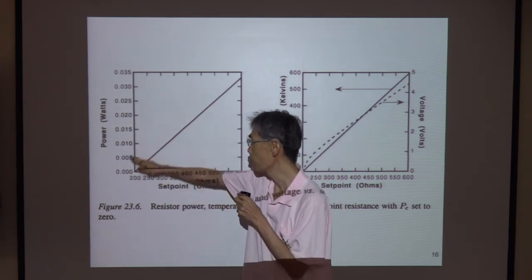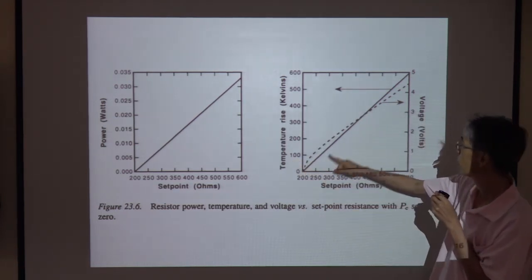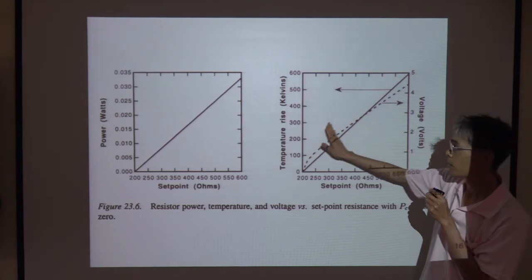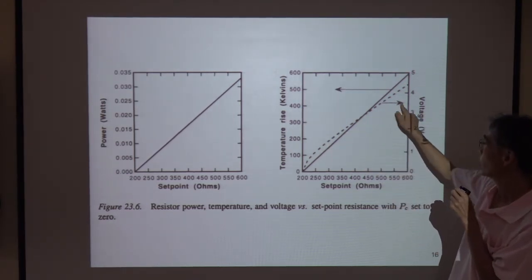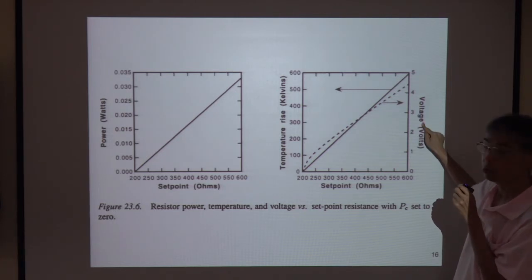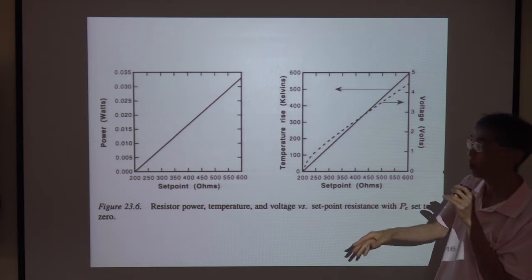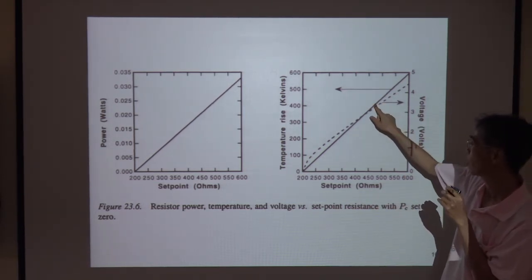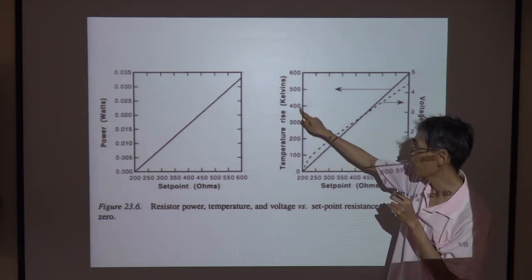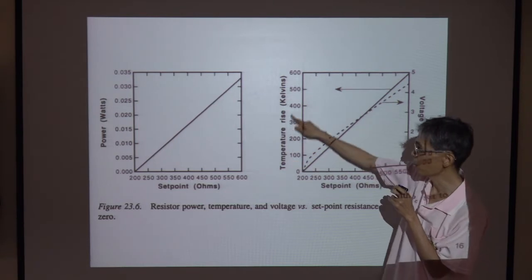So this is power input and the temperature rise. In this figure, we have left y coordinate and right y coordinate. The right y coordinate represents the voltage you used. You tell your controller, your circuit, this is the voltage you need. And this is the temperature rise. If you have higher voltage, you have higher temperature rise.